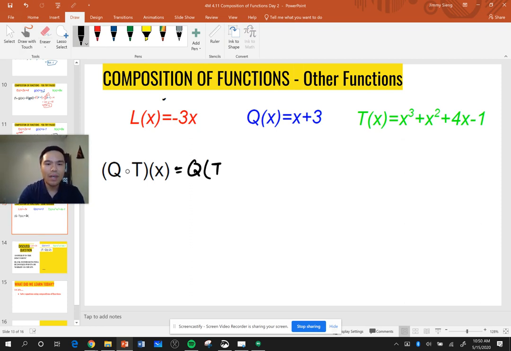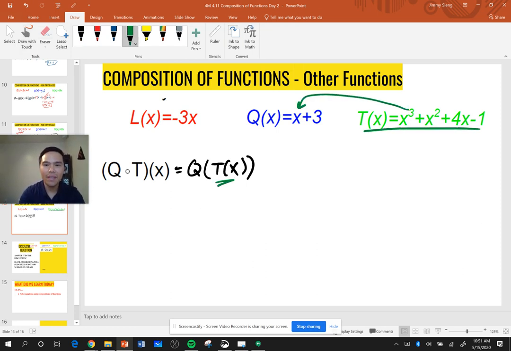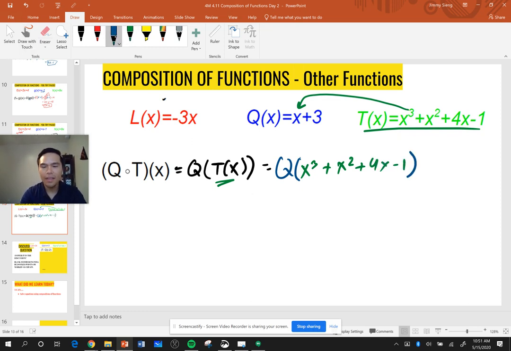This is q of t of x. We're going to take our green function here, and we're going to throw that into that x value, right? So isn't this pretty easy? All this is, class, is q of x to the 3rd plus x squared plus 4x minus 1. Yeah, this is what I was talking about with college algebra. It's nuts.